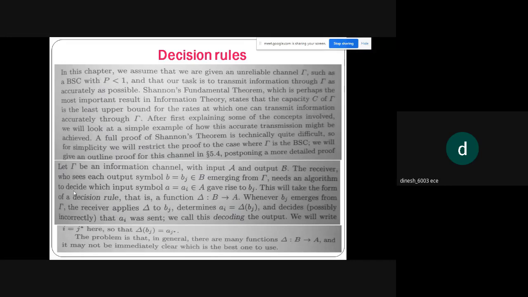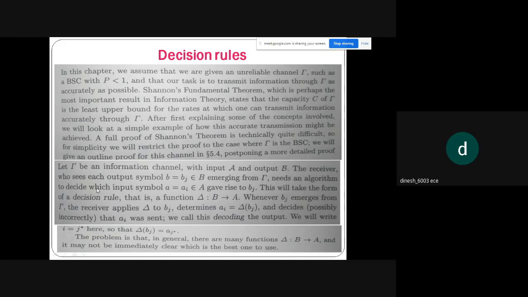So here the representation is being changed. Do not confuse it with unit 1's representation or unit 2's representation. All are inputs. Okay, inputs A and outputs B. In the previous, we had seen input X, output Y. So that is the difference. In an information channel, we'll be having input and output only. So the representation will differ, that's all.